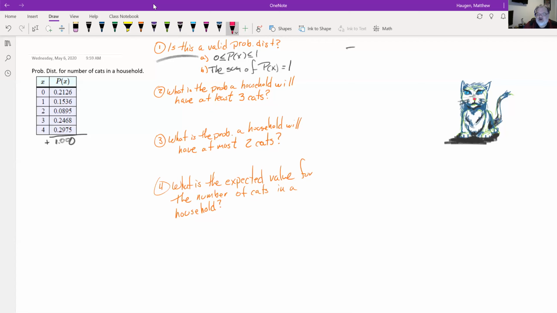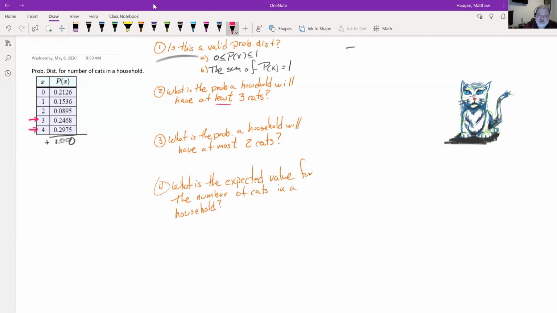So if we're talking about having at least 3 cats, at least means that is the smallest, lowest number you'll have. So at least 3 cats would be 3 cats or 4 cats. So if you have at least 3 cats, you got a lot of cats. Now, it depends on how you feel about cats, I suppose.